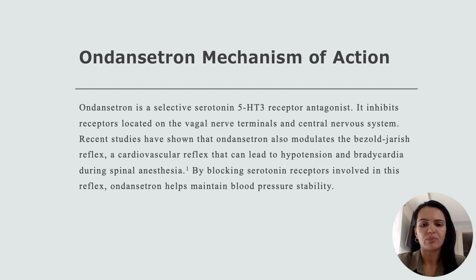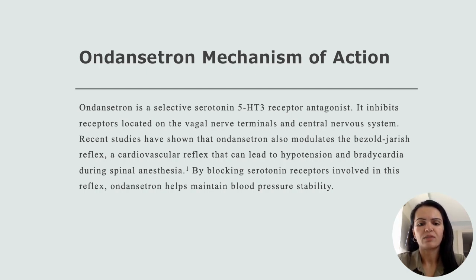These serotonin receptors are involved in a reflex known as the Bezold-Jarisch reflex, which is a cardiovascular response that can lead to low blood pressure and a slow heart rate, especially during spinal anesthesia. When spinal anesthesia is administered, it can trigger this reflex, leading to a significant drop in blood pressure and heart rate. Obviously, these are the two outcomes we want to avoid, particularly in obstetric patients.